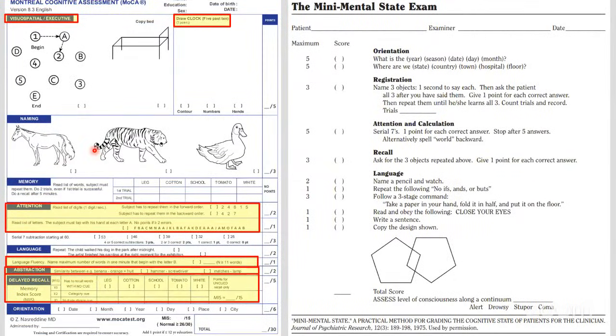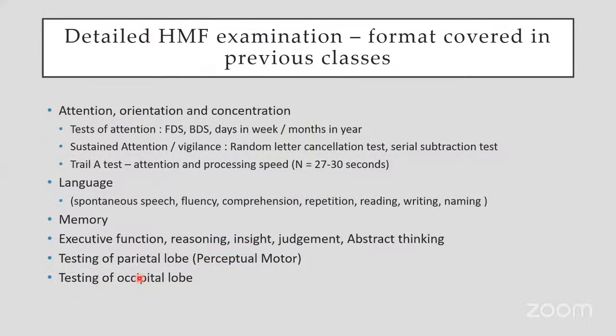Attention we will get by doing number forward and tap tests. We'll get to know the attention, abstraction, and language as well. And delayed recall will tell us about memory impairment. As we already discussed, attention, orientation, and concentration: the tests for attention will be days in a week or months in a year, attention vigilance, random letter cancellation, or serial subtraction test.